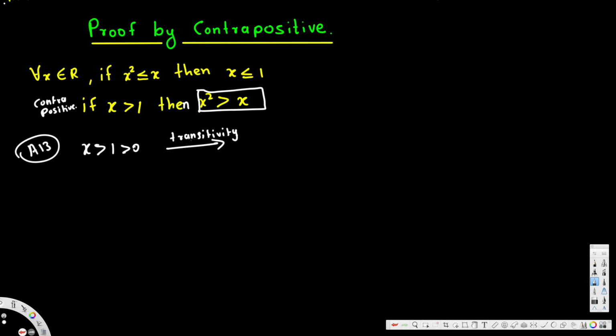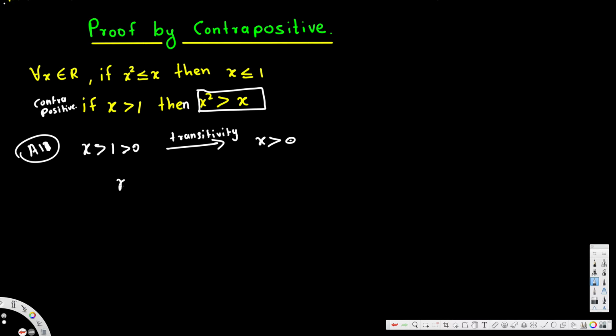Axiom number 13 says transitivity: when you have a comparison like this, you can directly write x is greater than 0, right? If x is greater than 1 and 1 is greater than 0, you can directly say x is greater than 0. So this is by axiom number 11. Actually, this one is 11. Okay, axiom number 11.